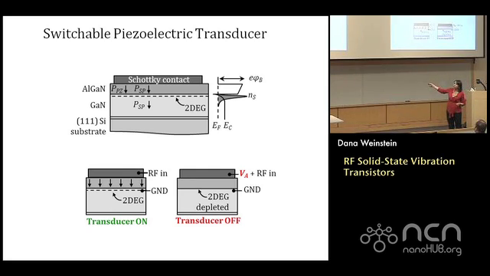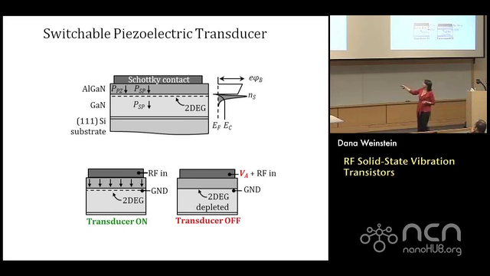Those form a potential well where electrons like to sit, so they're confined in this 2D plane, and you can conduct. Basically, it's a sheet of conductivity which is physically not there, right? It's formed by this potential well formed by the bands of this heterostructure.